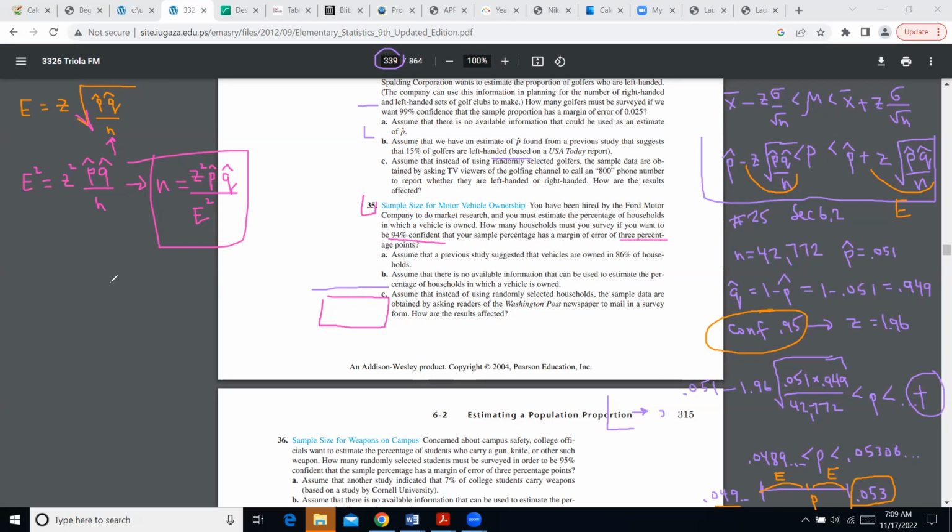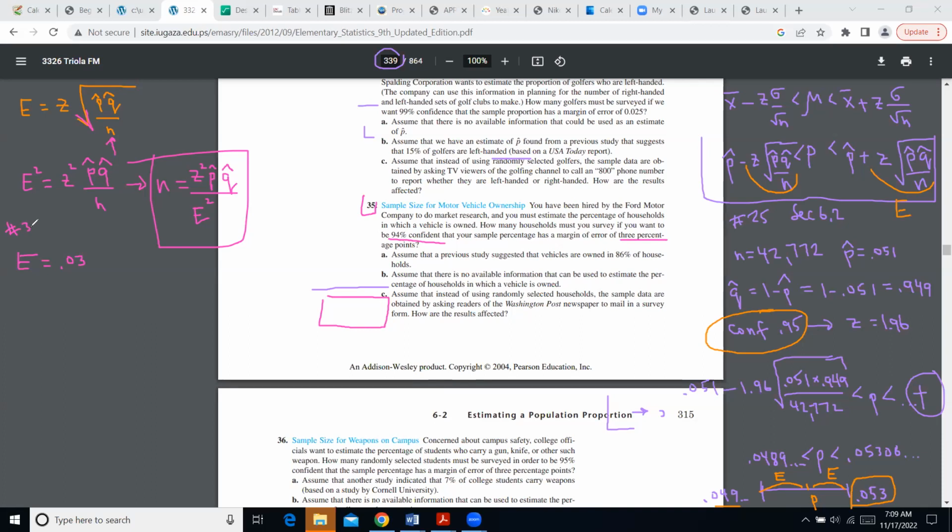So what they want is not to be dealing with a very wide interval. Just like in this case, the error was pretty good, but they say, okay, what about if error is 3%, which is 0.03, right? So that's exercise number 35.